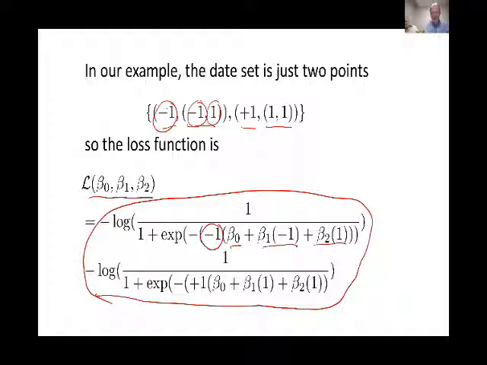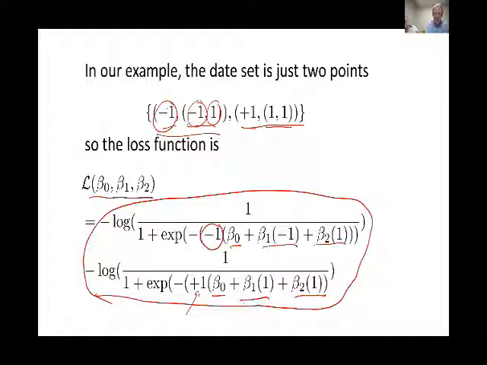That's simply the term we get from this data point. The other data point is labeled +1, with beta 0, and then we have 1, 1. So it's beta 1 times 1 plus beta 2 times 1. So this is the logistic regression loss function we have here in this simple case.